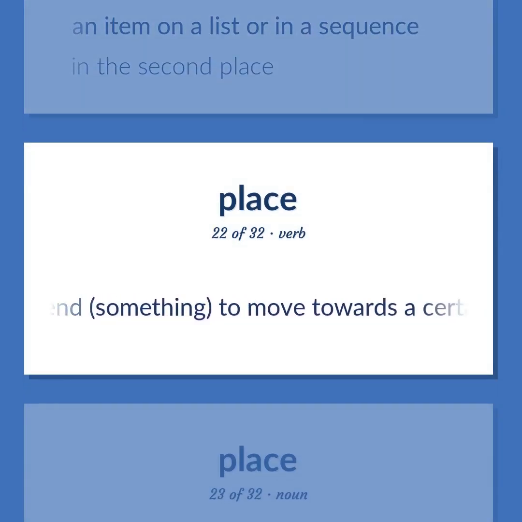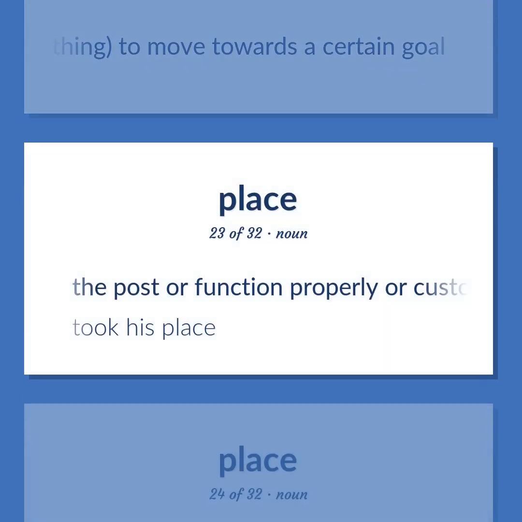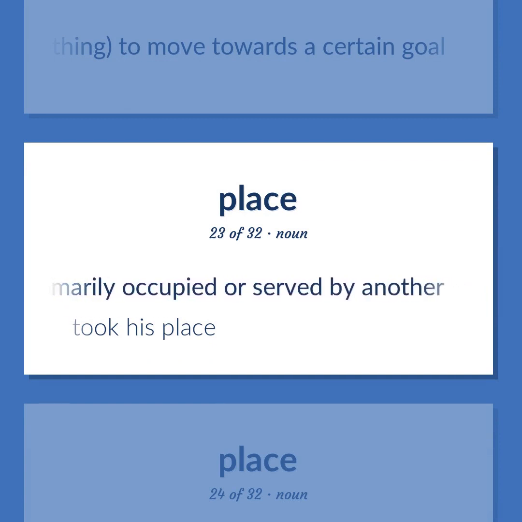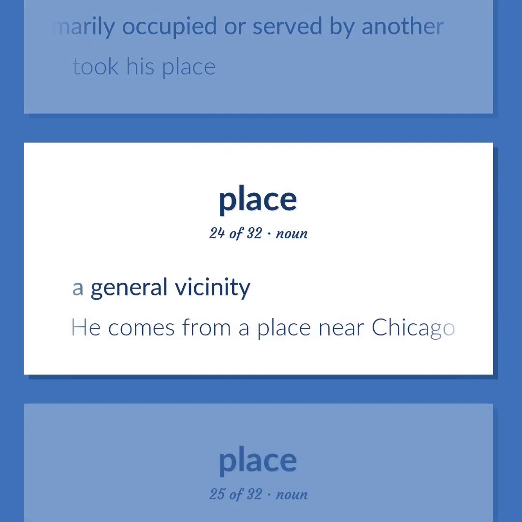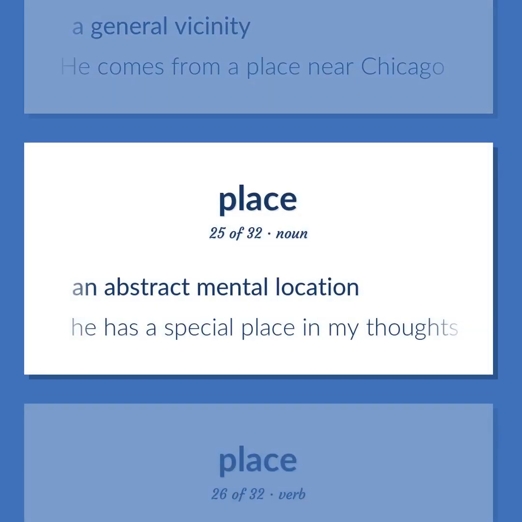Intend something to move towards a certain goal. The post or function properly or customarily occupied or served by another. Took his place. A general vicinity. He comes from a place near Chicago. An abstract mental location.